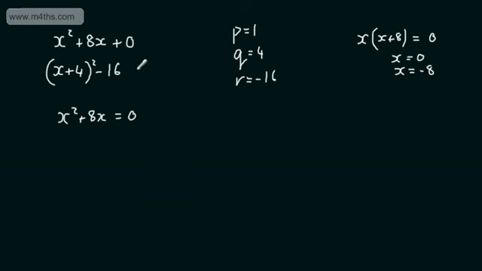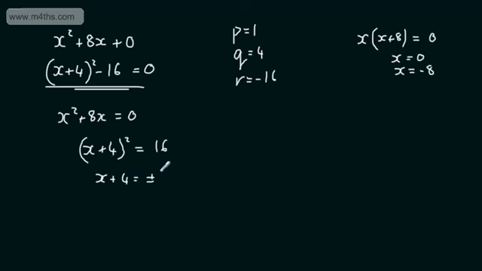I could, of course, just set my completed square form to 0, add 16 to both sides, so I'd have x plus 4 all squared is equal to 16, square root both sides, x plus 4 is equal to plus or minus, remember we're going to get a positive and negative answer, the root of 16, x plus 4 is equal to plus or minus 4, and you can see from there that we're either going to get minus 8 or we're going to end up with 0.